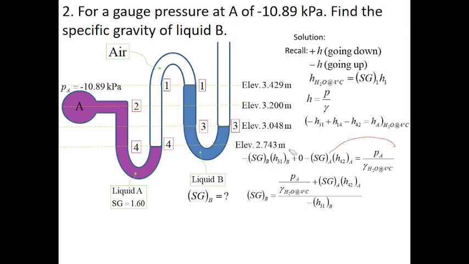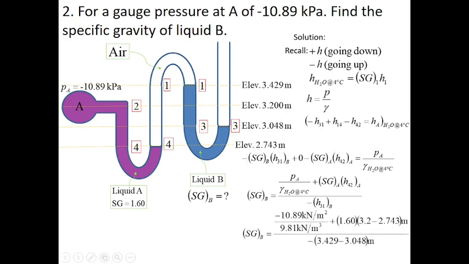Next, we have the pressure at A as negative 10.89 kilonewton per square meter.